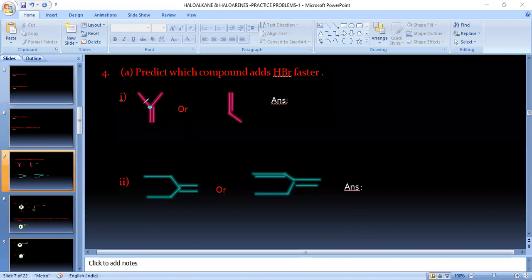So this is the carbon, carbon, carbon, carbon, and here the double bond is there. That means that alkene. HBr అంటే HX అంటే కంపల్సరీ అడిషన్ ఆఫ్ దట్ HX with that alkenes. Isn't it na? This gives that alkanes.